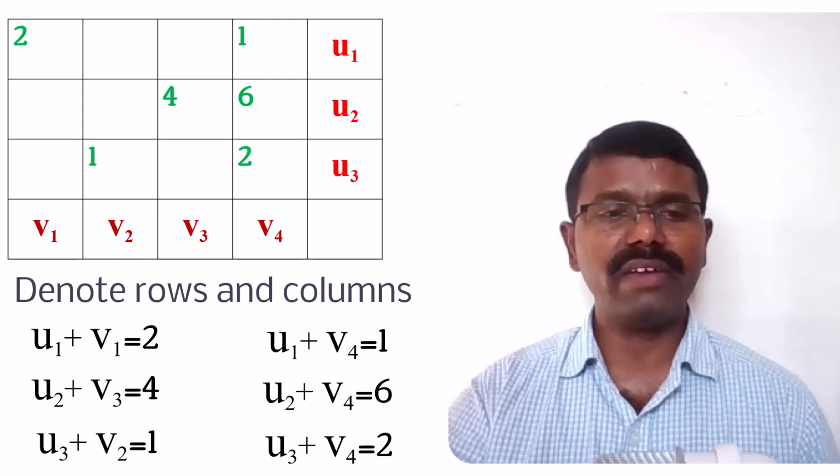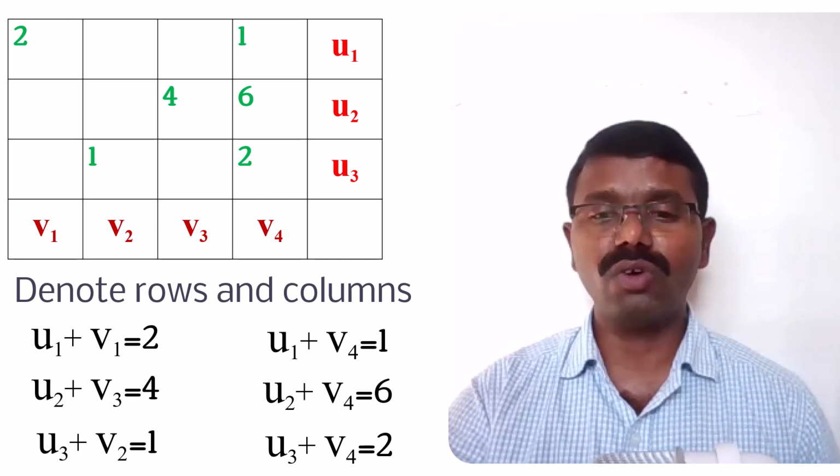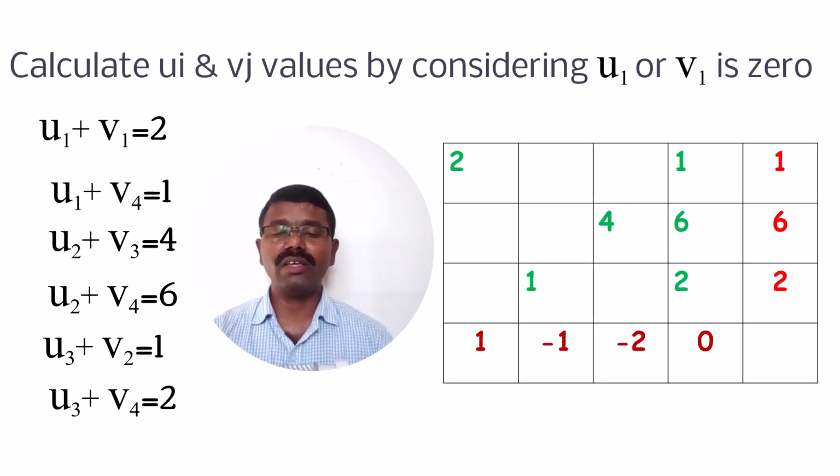To solve these equations, initially we need to assume that either U or V is equal to 0. By considering it equal to 0, you calculate the other values. If you assume U1 is equal to 0, V1 will become 2. Sorry, there are small mistakes here.